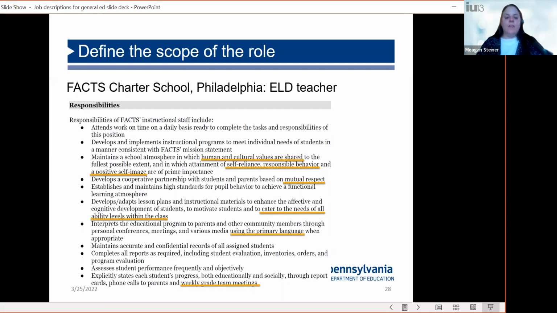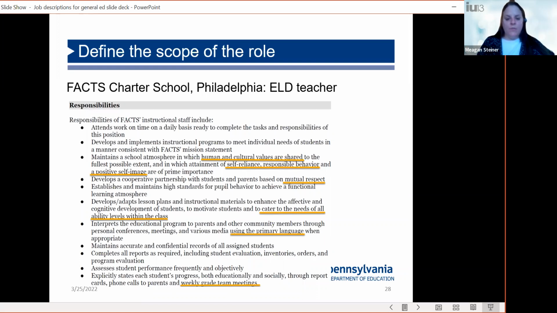Now I also, and this is kind of a long one, included a couple of screen grabs from the FACTS Charter School also in Philly, for an English language development teacher, because under responsibilities, and this is for all teaching roles in the school, not this role in particular, it really does show a lot about the school culture, climate, and general expectations, and values and mindset.